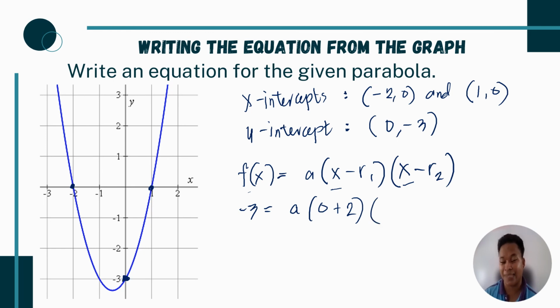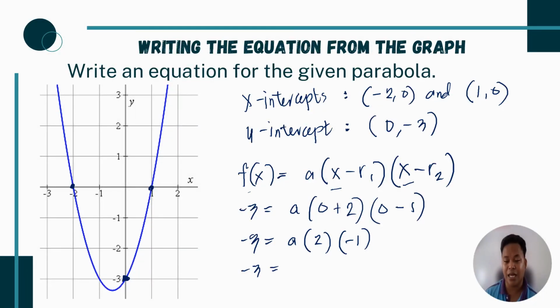And times 0, positive 1 po ito, so just copy po, minus 1. Negative 3 is equal to a times 2, 0 plus 2 is 2, times 0 minus 1 is negative 1.